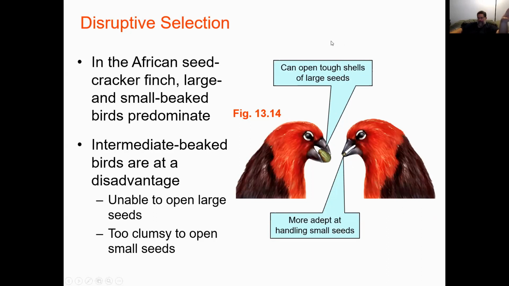So either really big beaks or really small beaks are being selected for, because the little beaks can handle the little seeds and eat them. The big beaks can crack a seed, but the middle beaks are not very good at either one of those. So this is an example called disruptive selection.